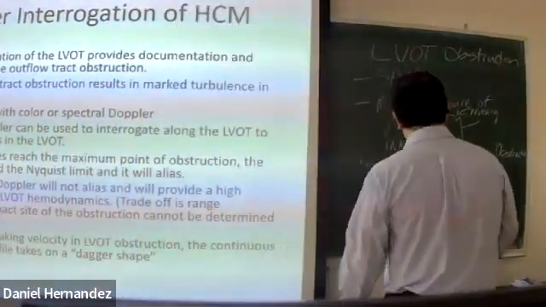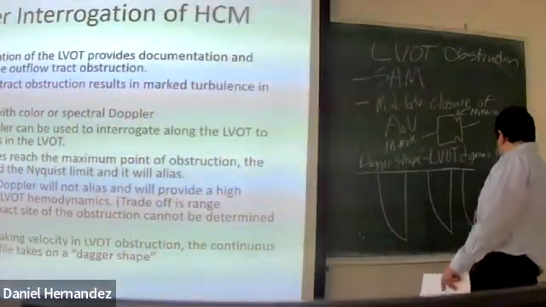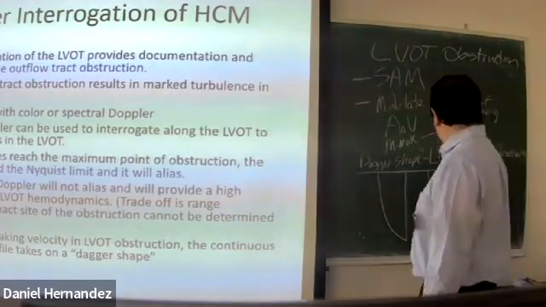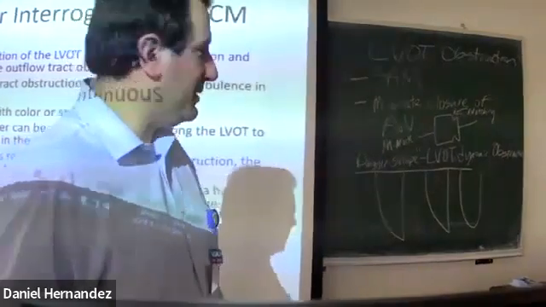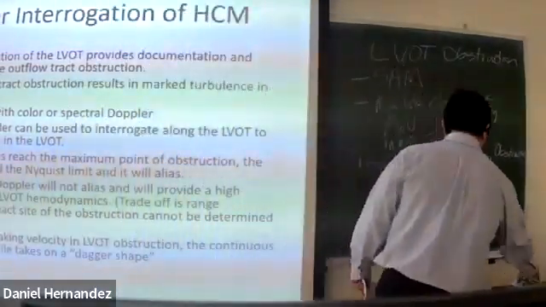Normally, we should have a nice round waveform. A normal waveform would appear more round, with velocities peaking at mid-systole.